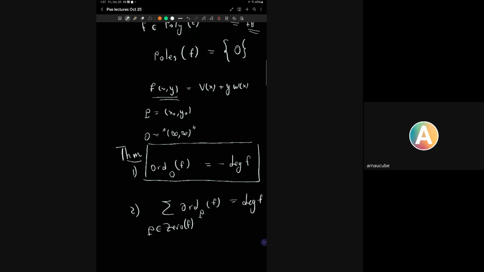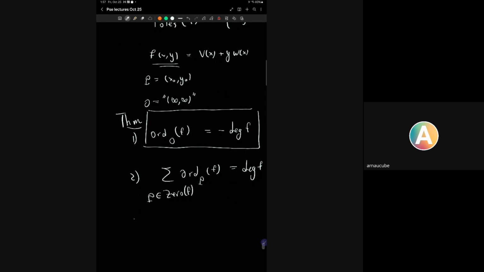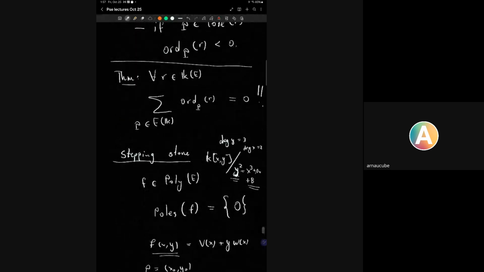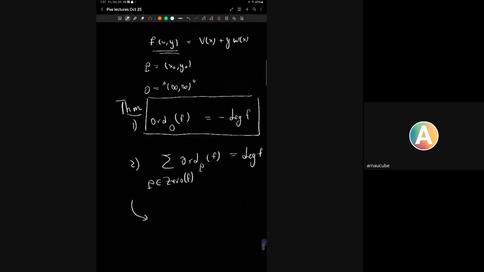This is like in ordinary one variable polynomials. So altogether we get the big result that we want. We get it for polynomials. The sum of all multiplicities of zeros and poles, at least in the case of a polynomial, is zero.